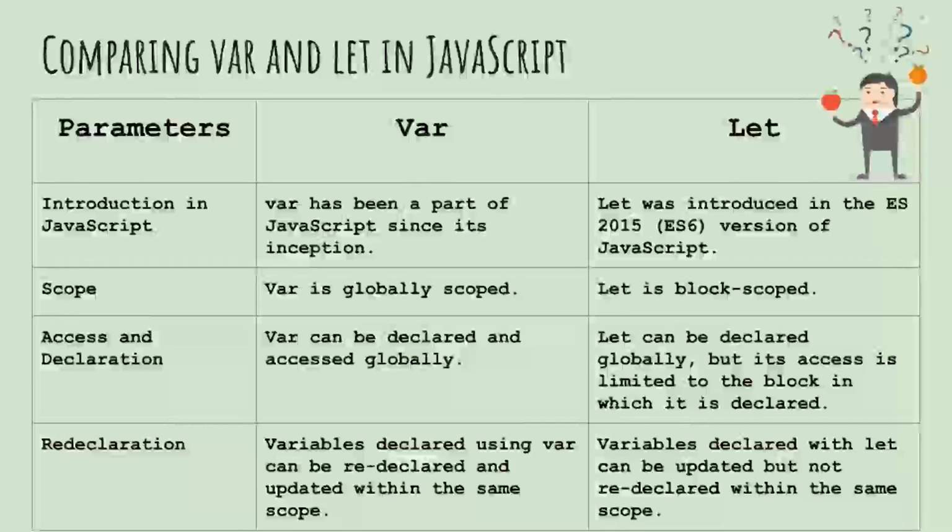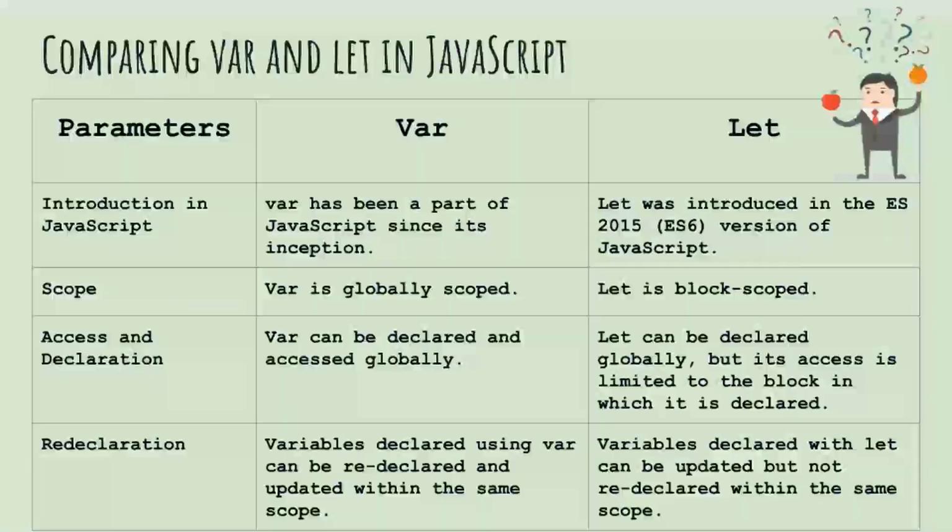Second is scope. Var is used to declare global scope variables, whereas let is used to declare block scope variables. Third, access and declaration. Var can be declared and accessible globally, whereas let can be declared globally, but it is accessible within a limit where it is declared.